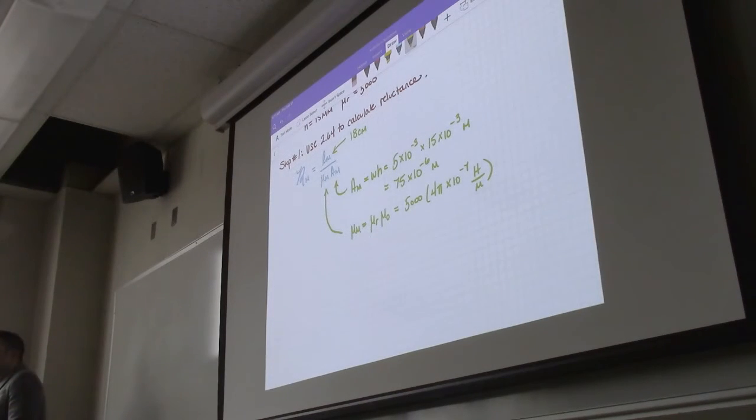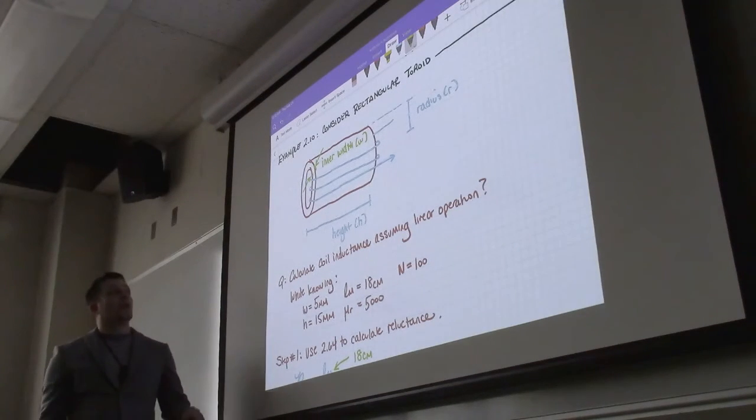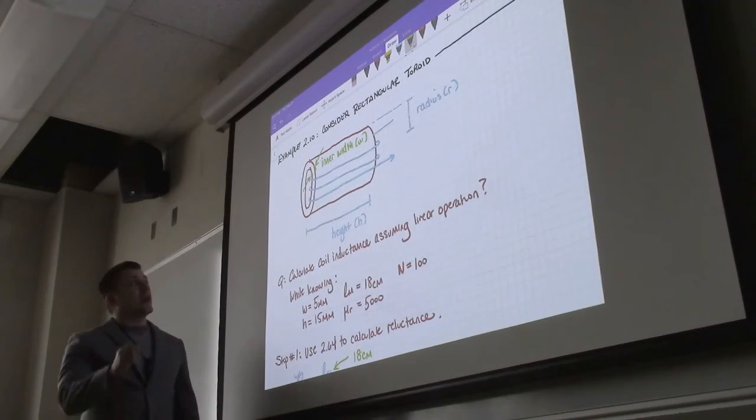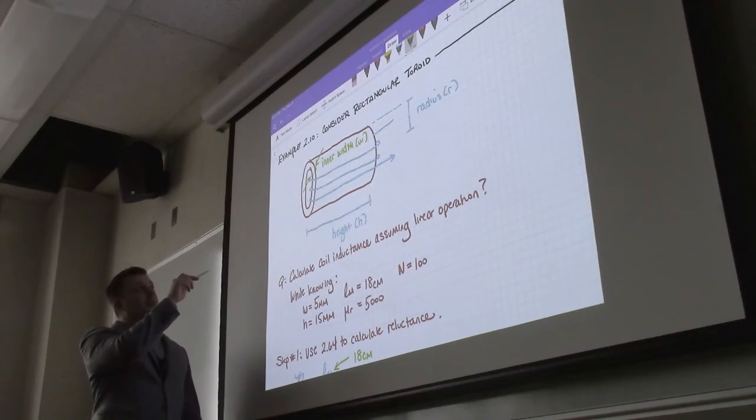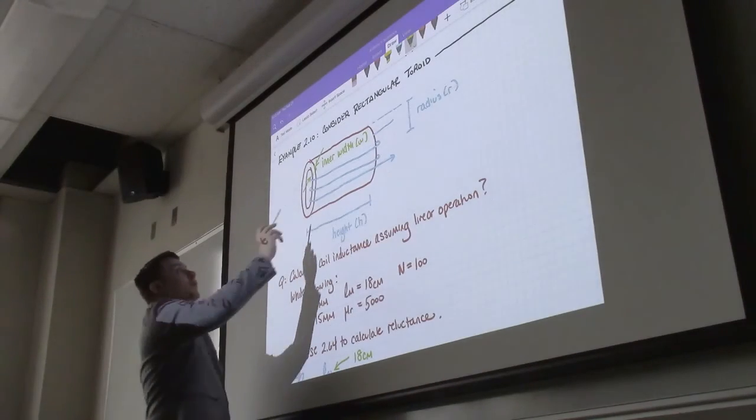Okay, yes? How come we're using W when calculating the area? Shouldn't it be W times 2R? It's W tall, because if you think about it, if you're traveling inside of this as one of the magnetic flux lines, what do you see?